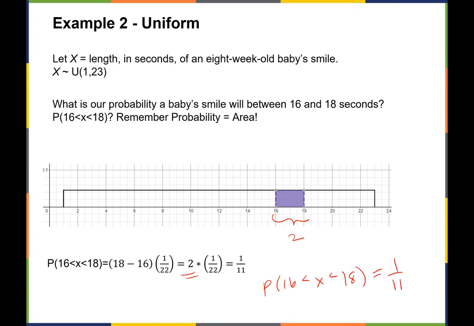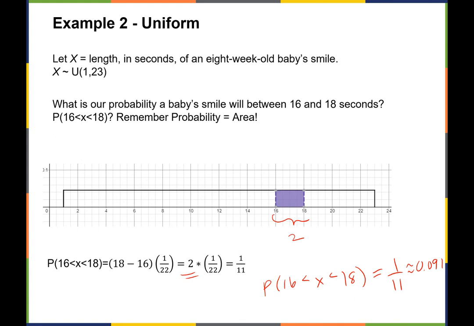All right, so we can even put that as a number if that makes us feel better. I grab my calculator here. 1 divided by 11 equals 0.091, about. So about 9.1% of the time, the smile will be between 16 and 18 seconds.